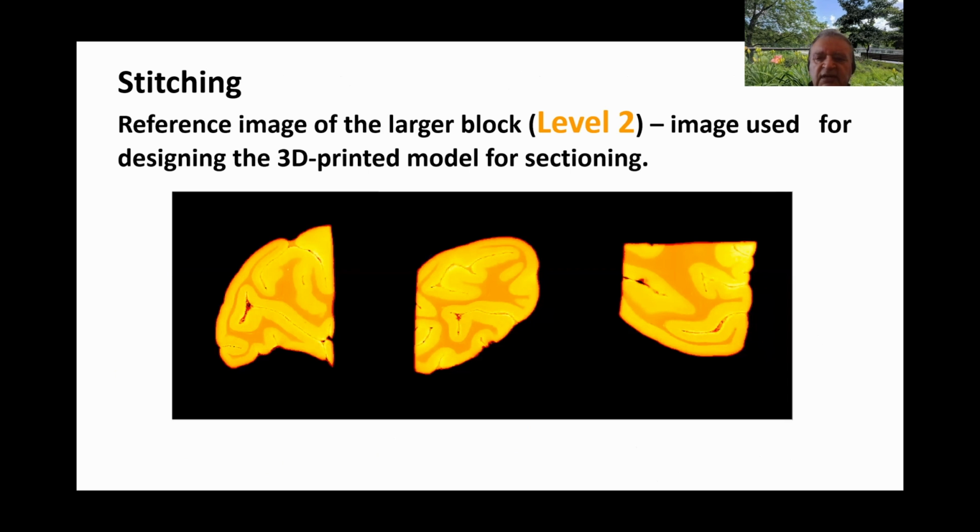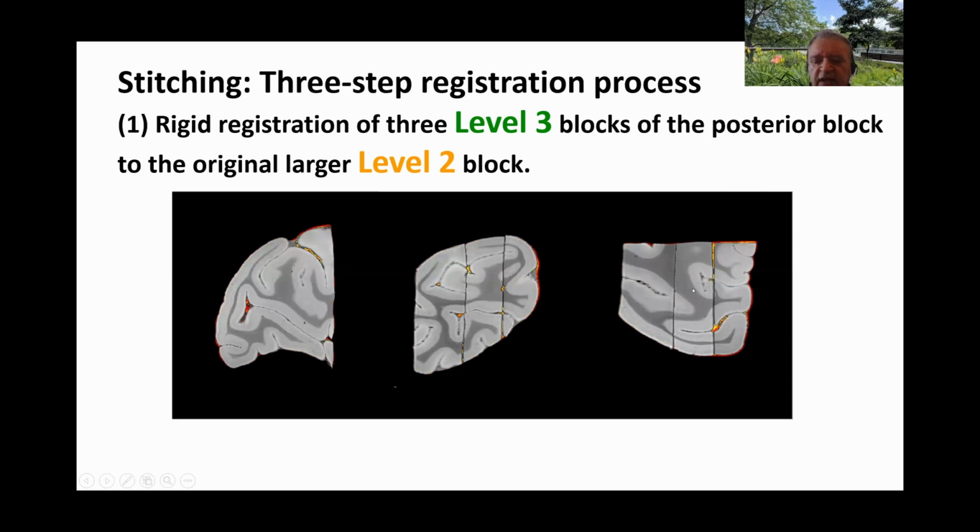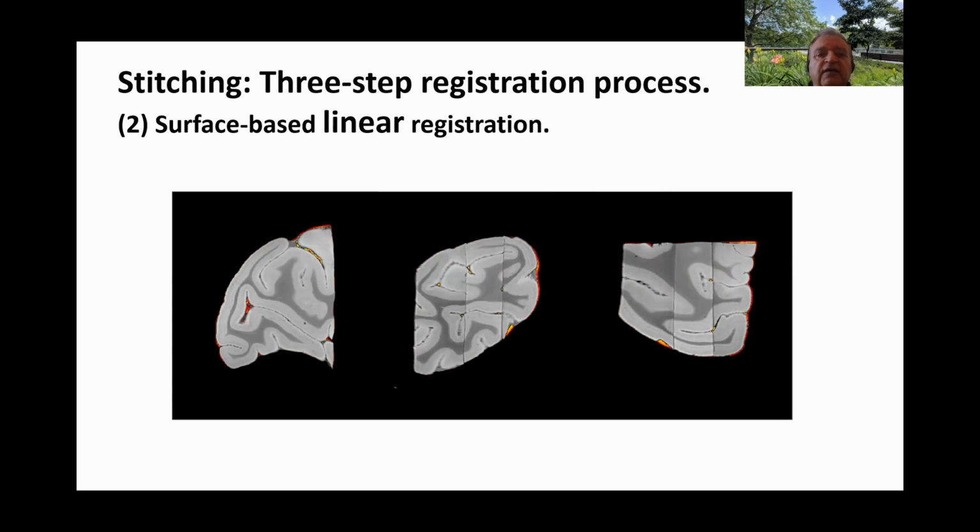And that's how it looks. This is the larger block level 2. Here is just the initial registration, which is linear and volume based. There's no surface here. And that's a rigid registration. And here we have a linear surface registration. So there is some improvement.